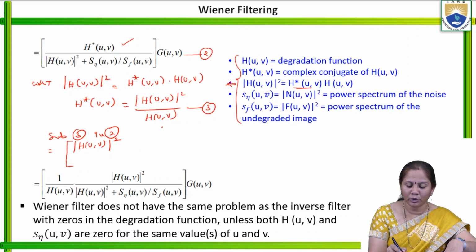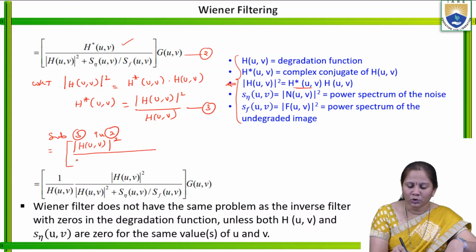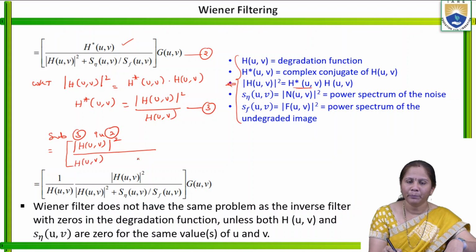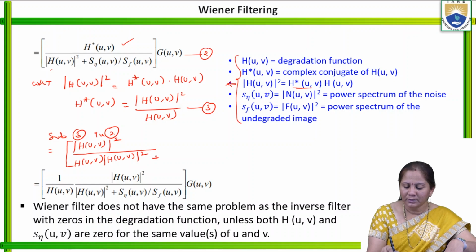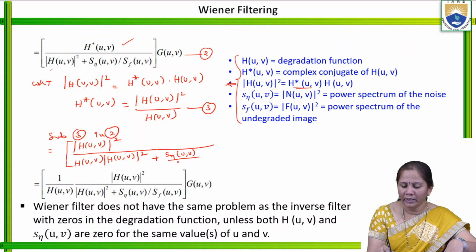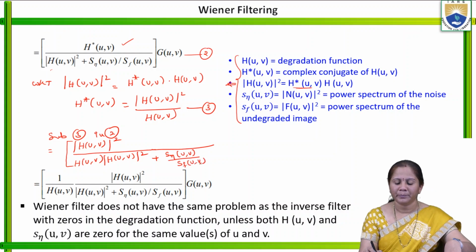It will be coming to the denominator, so we will have h of u comma v, and another term which is h of u comma v whole square, plus one more term, s eta of u comma v by sf of u comma v.